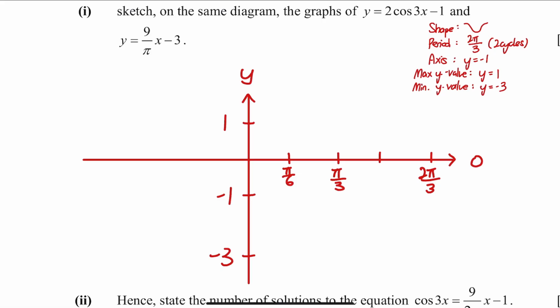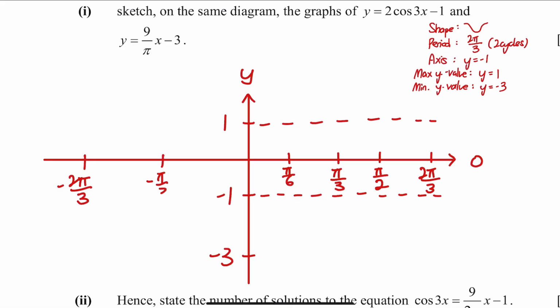Once we split this into these parts, we can then draw the dotted lines. Remember, dotted lines are important to help us visualize how the whole diagram will look. And because this graph asks us to draw up to the negative portion as well, we must also have the negative part here: negative 2 pi over 3, negative pi over 3.